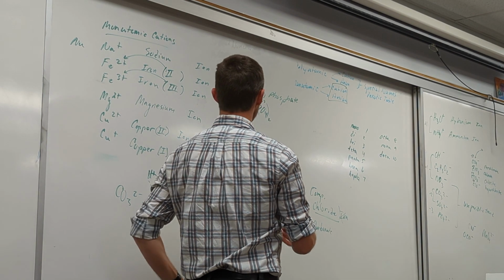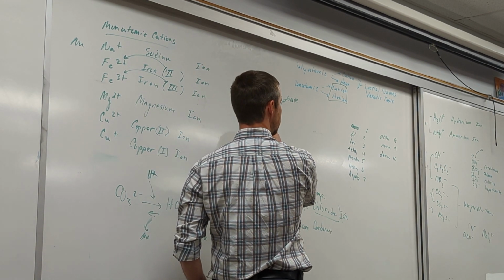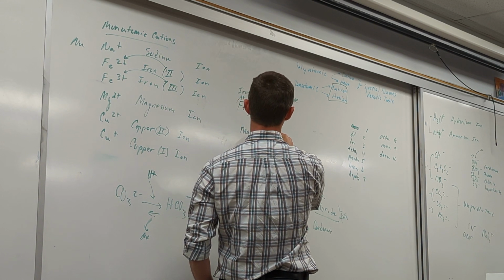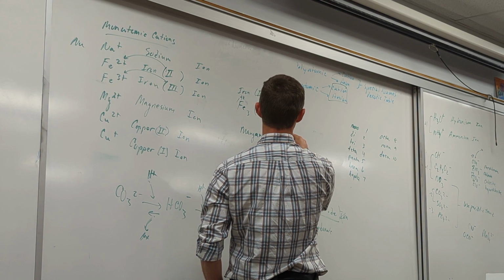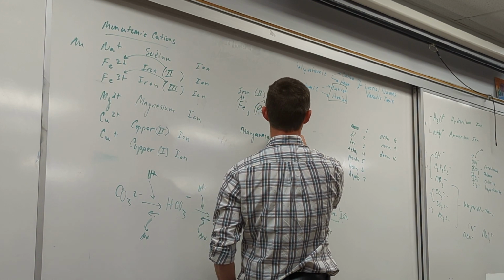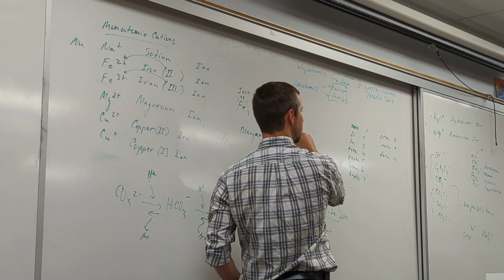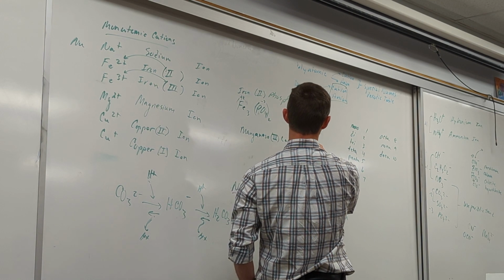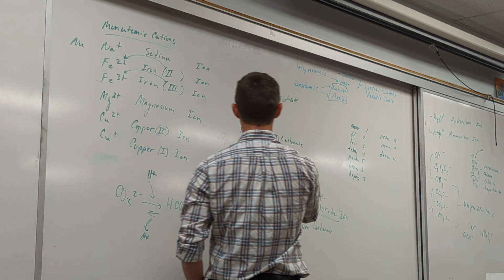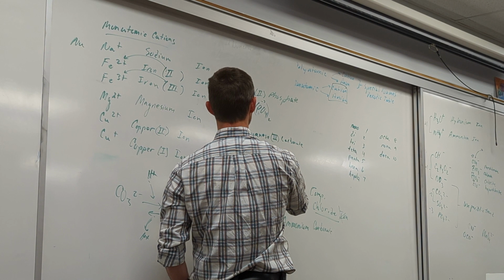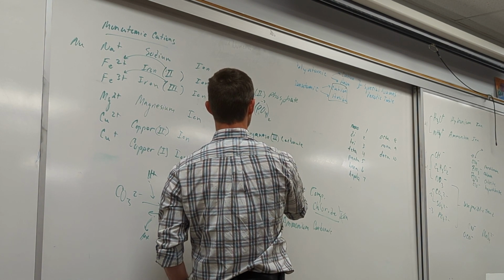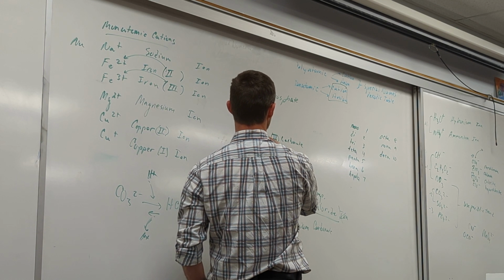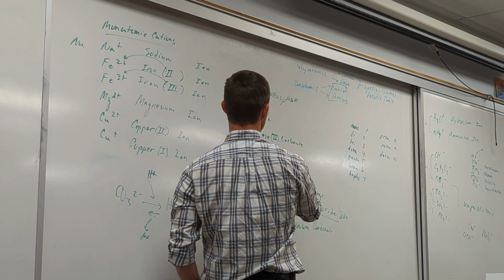Okay. All right, let's do a couple other ones. Let's go manganese 4. Manganese 4, Roman numeral 4, and let's do carbonate. All right, go ahead. Mn 4 plus, CO3.